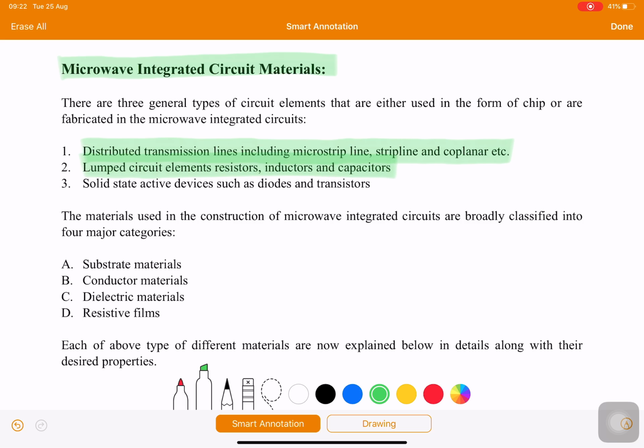And finally, in the integrated circuit we may be using the active elements, including diodes and transistors. So those are treated as solid state devices. Okay, so in the construction of microwave integrated circuit, the construction can consist of transmission lines, passive devices, and active devices, including diodes and transistors.